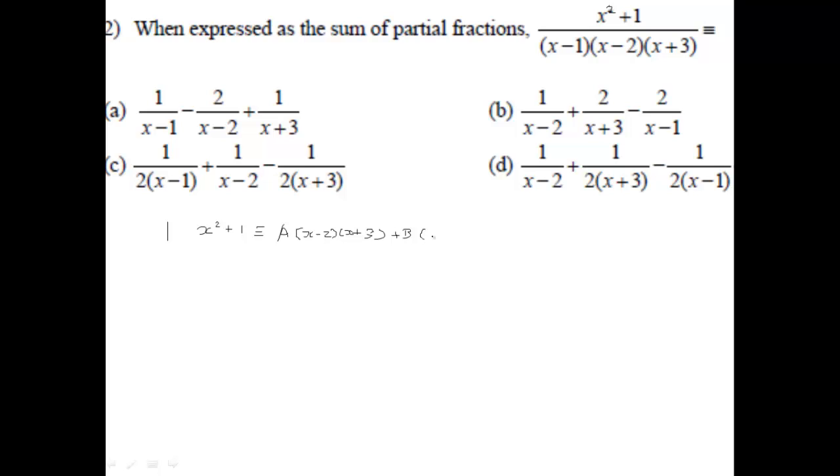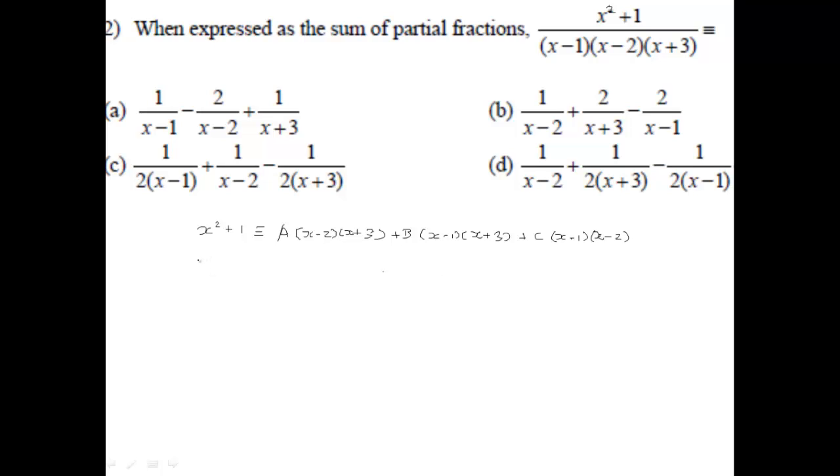And then similarly for B, it'll be over x minus 2 initially, so when we multiply by the denominator, we multiply the numerator by everything. The x minus 2 will cancel, but we'll be left with those two. And then finally for C, it'll be over x plus 3, so we get x minus 1, x minus 2 there.